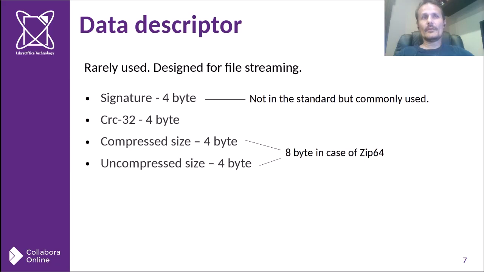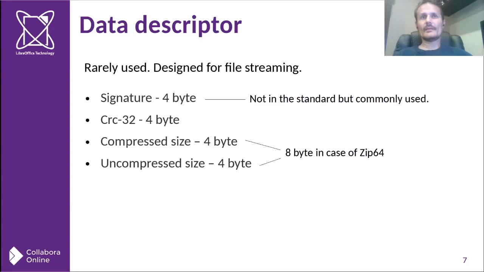Here the compressed size and the uncompressed size are important for us. In case we are in Zip64 mode, these fields are not 4 bytes long but 8 bytes long. It's again not totally clear when we are in Zip64 mode.